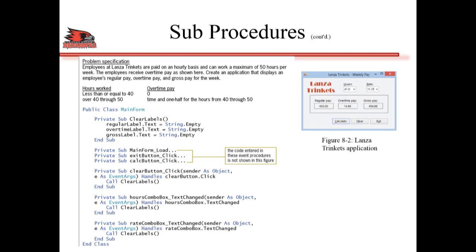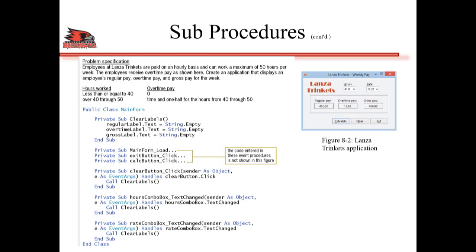You have just private sub, then the name of your sub procedure, and then parentheses where you can input a certain number of parameters, or you can just leave them empty. Then you input your collection of code. Here it's just clearing all the different labels, like the regular label, the overtime label, etc.